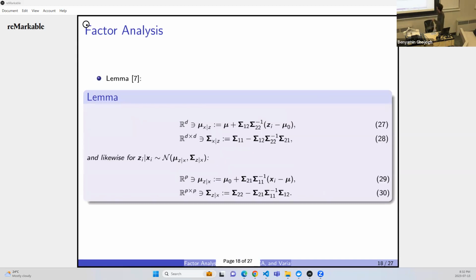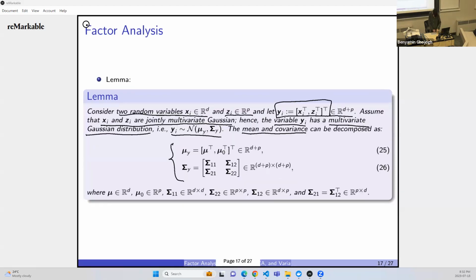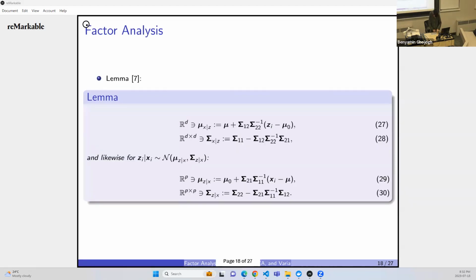Another lemma, for proofs, by the way, you can see in my tutorial. I haven't brought the proofs, otherwise this lecture would become overwhelming. Or you can see reference 7. So the mean of the x distribution given the z distribution is this. Accept it from me, it's a lemma.